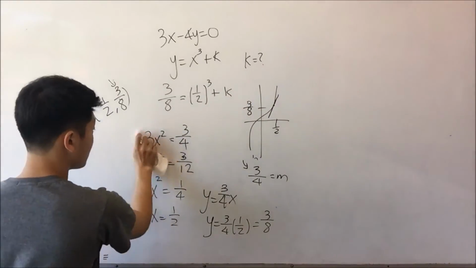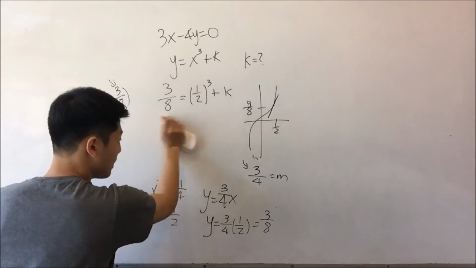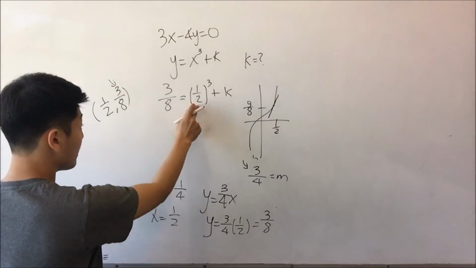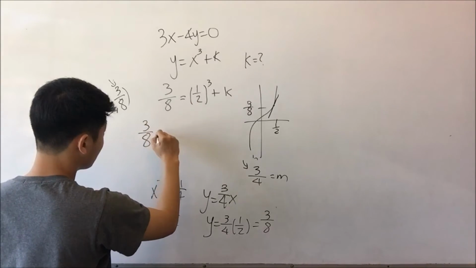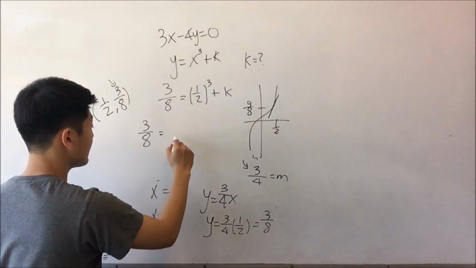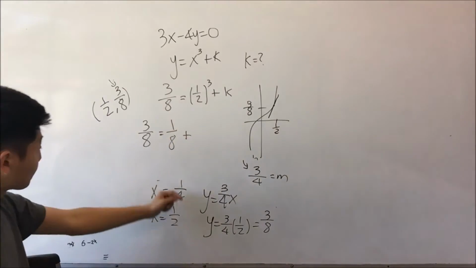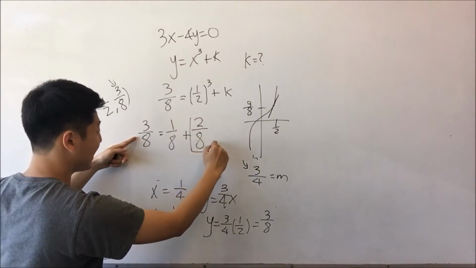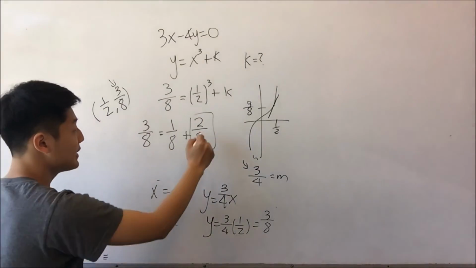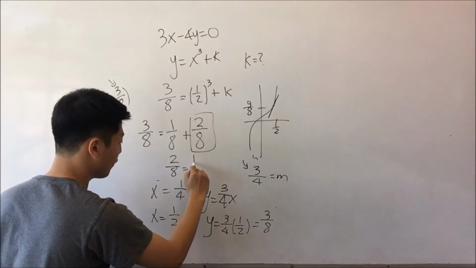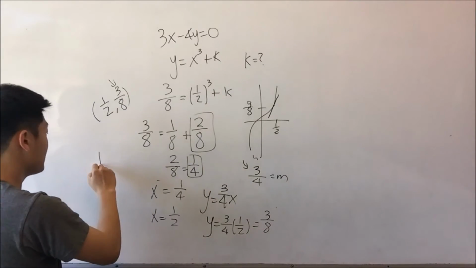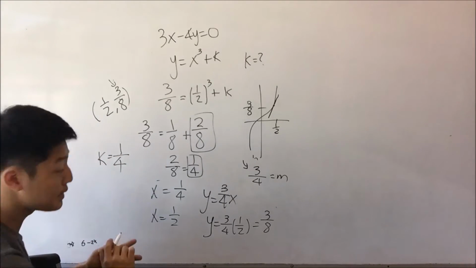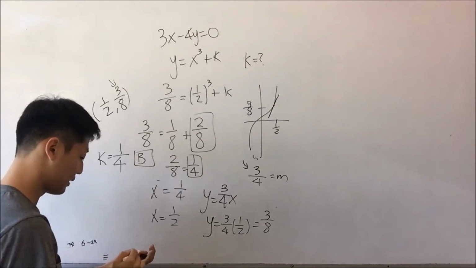If you want to solve this, I'll erase the bottom ones. 3/8 equals, 2 times 2 times 2 is 8, plus, now this is the value of k, and if I simplify this, 2/8 will become 1/4. So k is equal to 1/4. So the answer to this is B, which is 1/4.